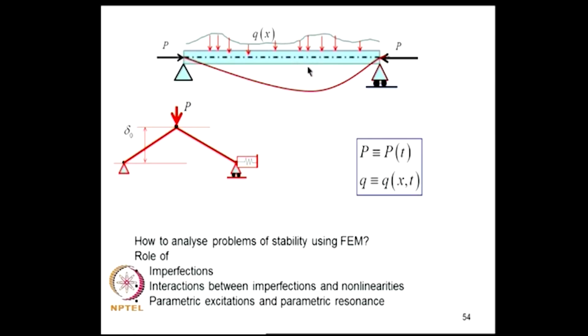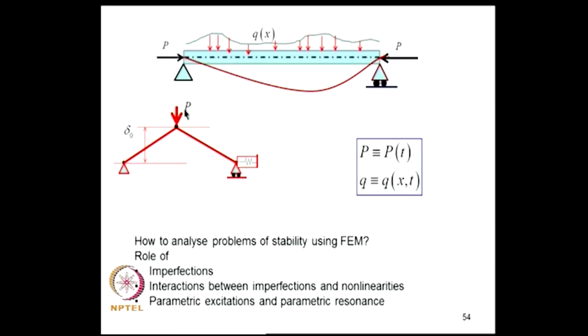There are two types of issues here. The new equilibrium position that the structure takes could be in the neighborhood of the original equilibrium position, or we can have certain types of problems as schematically shown here. This is a problem where there are two rigid links hinged at these places and loaded as shown here.